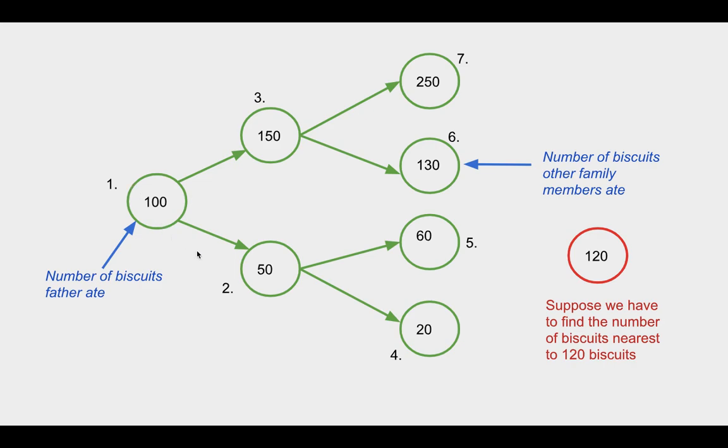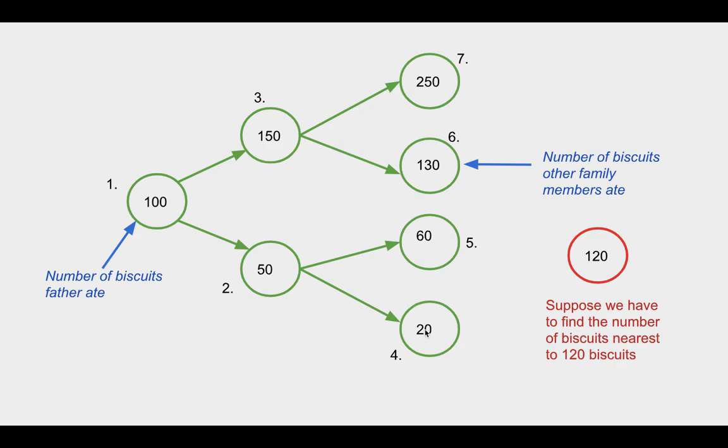First the father ate the biscuits, and since the second member ate 15 biscuits, that member has been placed below the father. And then the third family member ate 150 biscuits, so he or she is placed above the father.